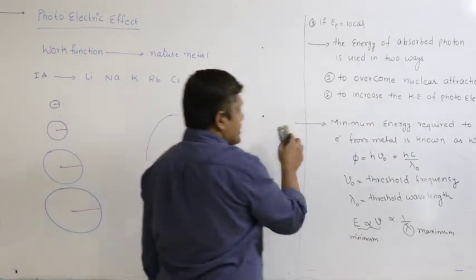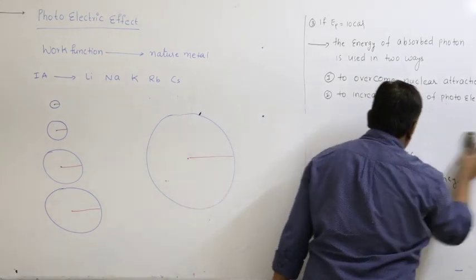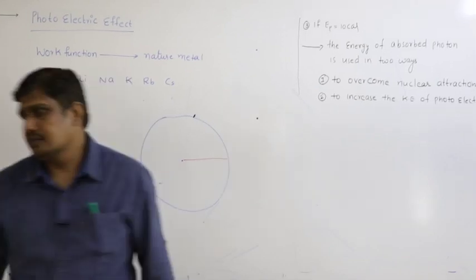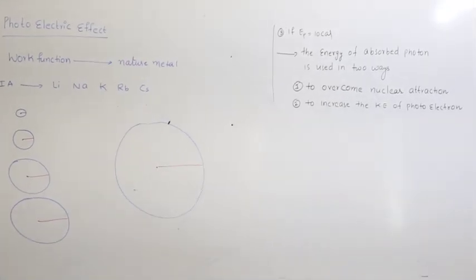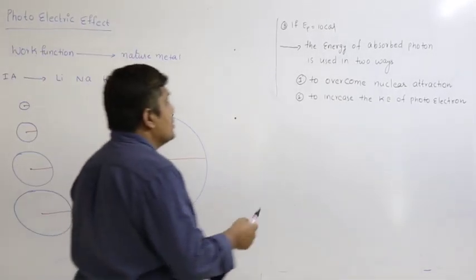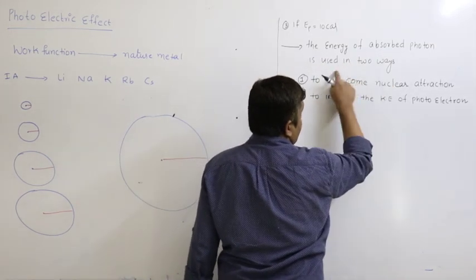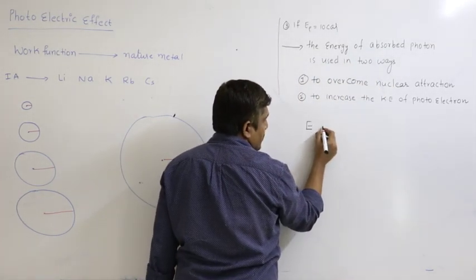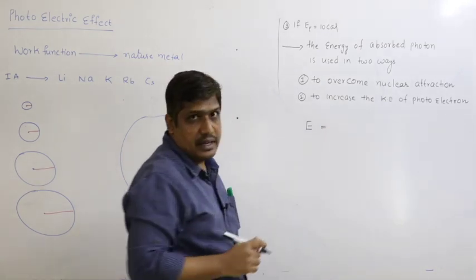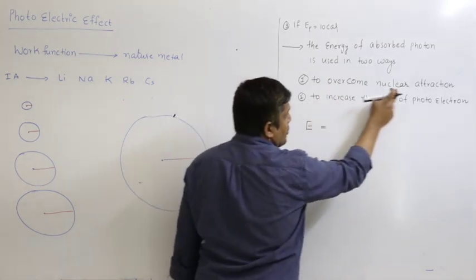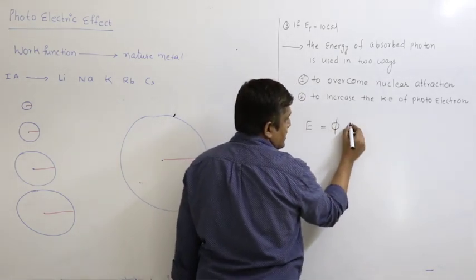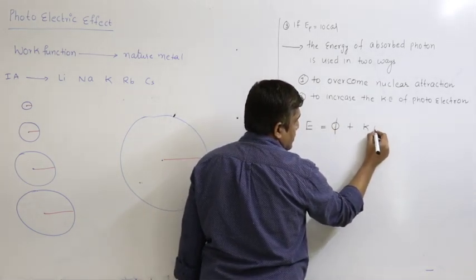So let us come back to this. The energy of the absorbed photon is used in two ways. Let us assume the energy of the photon is E. To overcome the nuclear attraction, that is nothing but work function, and to increase the kinetic energy.